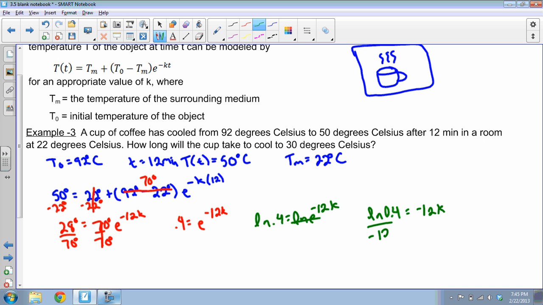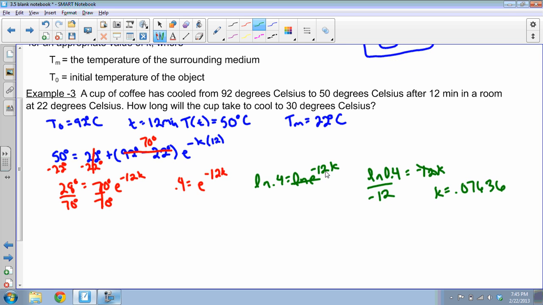So we divide by negative 12, and that's going to give us our k. Natural log of 0.4 divided by negative 12 is 0.07636. I feel like we should have a lot of decimals because we're about to plug this back in.